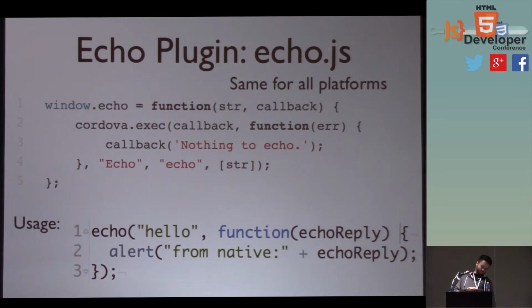It's four lines. It just calls Cordova.exec, and then you request a plugin named Echo, or a feature named Echo, and then you give some string to it. And there's the usage. So you say echo and then the message, and then you give a success callback to it.